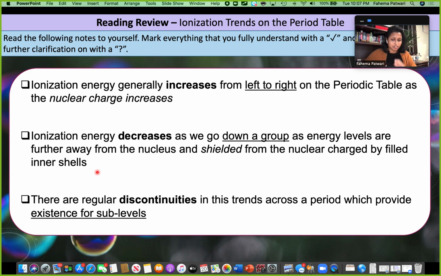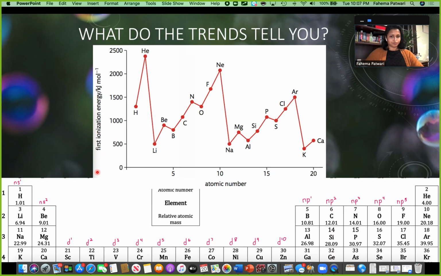But those discontinuities are regular in a way and can provide us with information that shows the existence of sublevels. Here is the first ionization energy of some atoms graphed against the atomic number. As we go across this graph, we can see the ionization energy increase or decrease for a particular element.